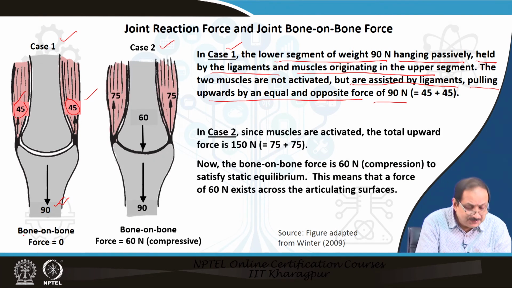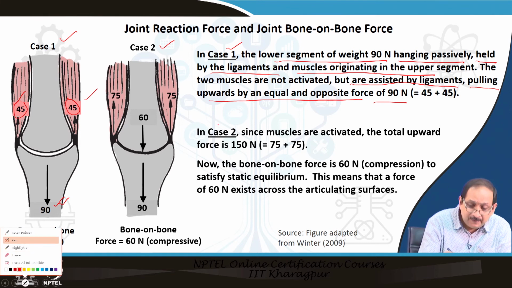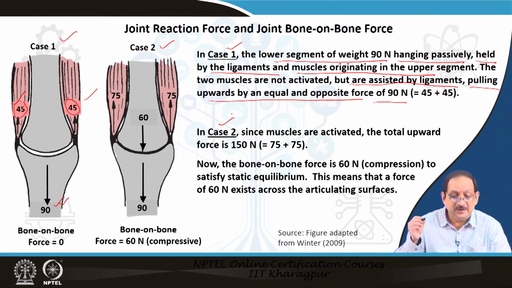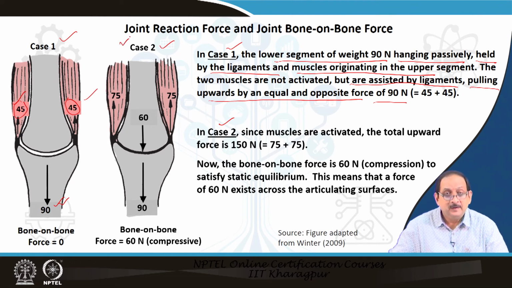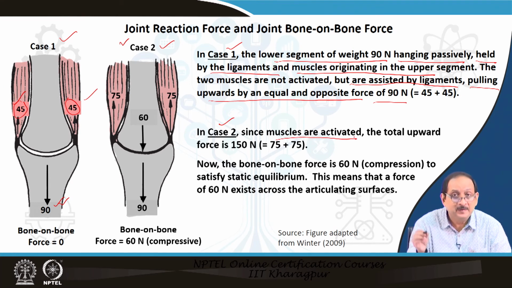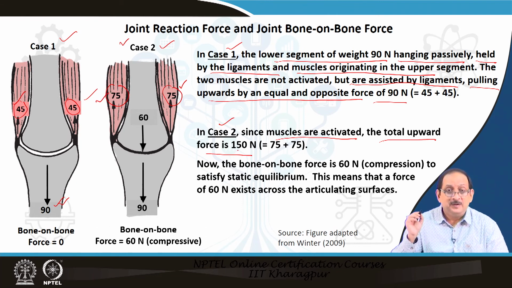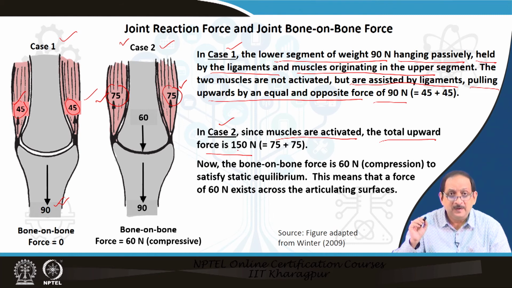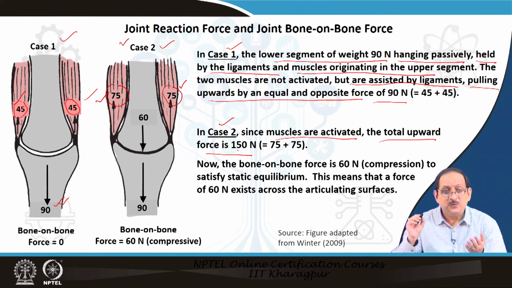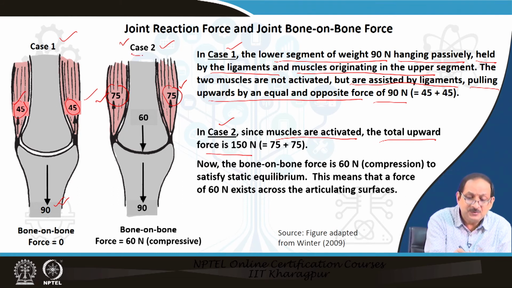In the second case, as indicated in the figure, since the muscles are activated, the total upward force is now 75 newtons plus 75 newtons, totally equal to 150 newtons. So, the upward force has increased in case 2.